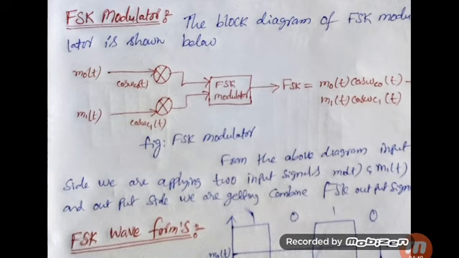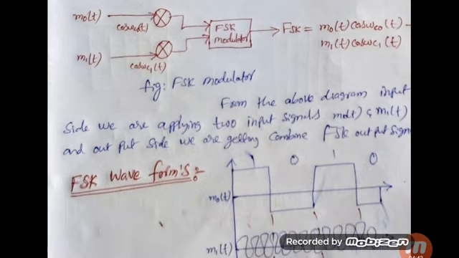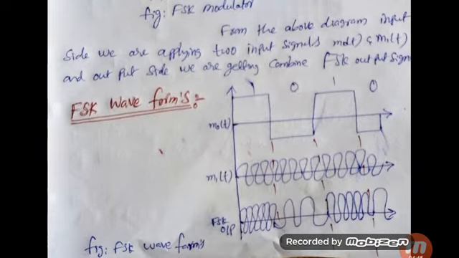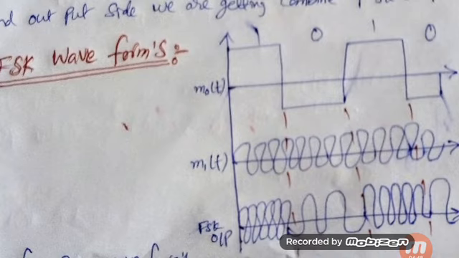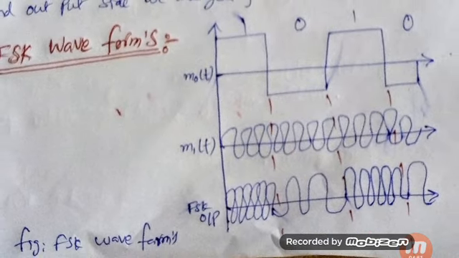Next is FSK waveforms. Already we know the object and meaning of FSK. The digital information is converted into the form of analog. Here we are observing 1010, which is digital code information.